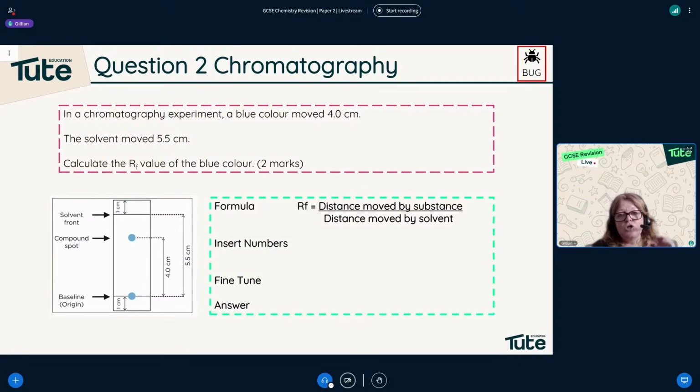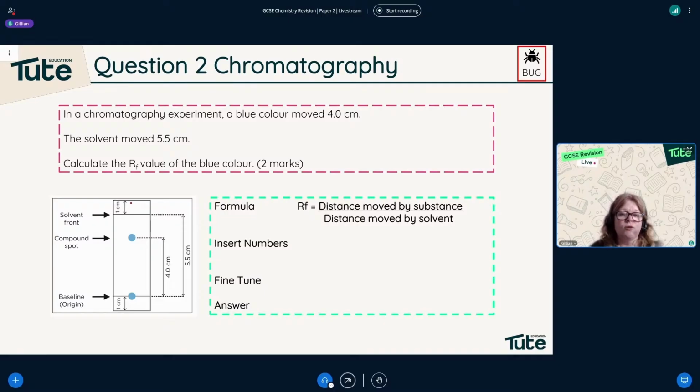And another top tip I'm just going to throw in there: I would learn this equation. Write it down, make a note of it, because you could be asked to calculate the RF value tomorrow. Make sure you learn that equation. So it's the distance moved by the substance divided by the distance moved by the solvent.